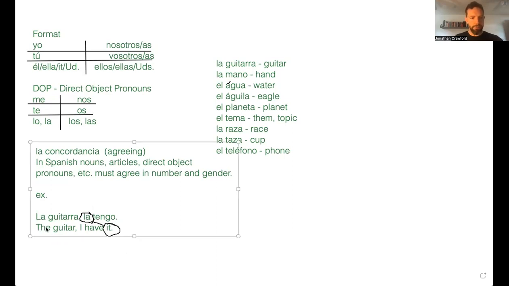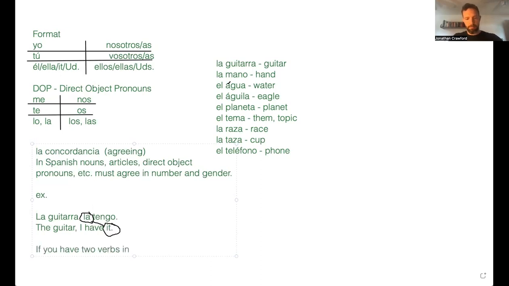If you have two verbs in Spanish, then you can put the direct object pronoun before the conjugated verb or after the verb in the infinitive form.